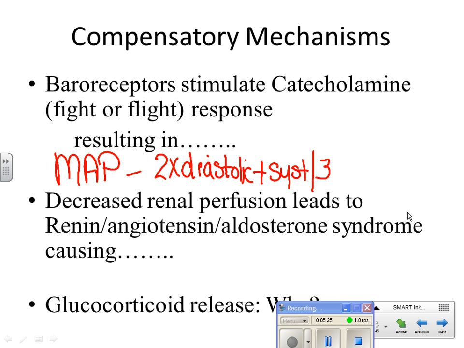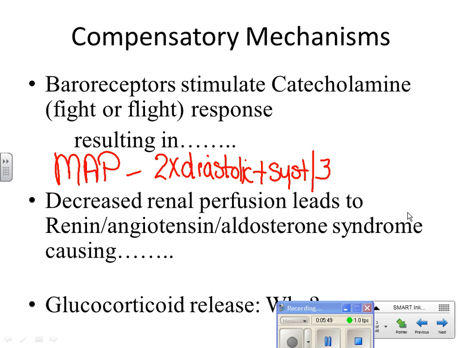Because in a catecholamine fight or flight response, when we're being chased out of the woods by the bear, we don't need to digest the burger we just ate. We need to outrun the bear. Or we need to outrun the person that we're with. Didn't take you as long to get that one as some groups.